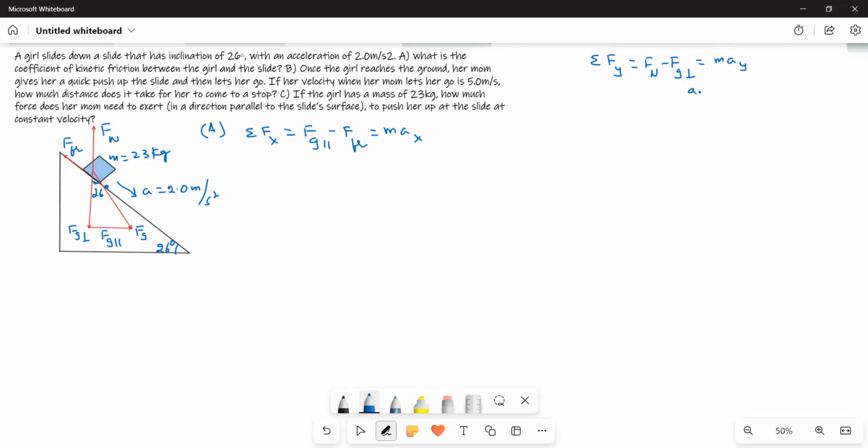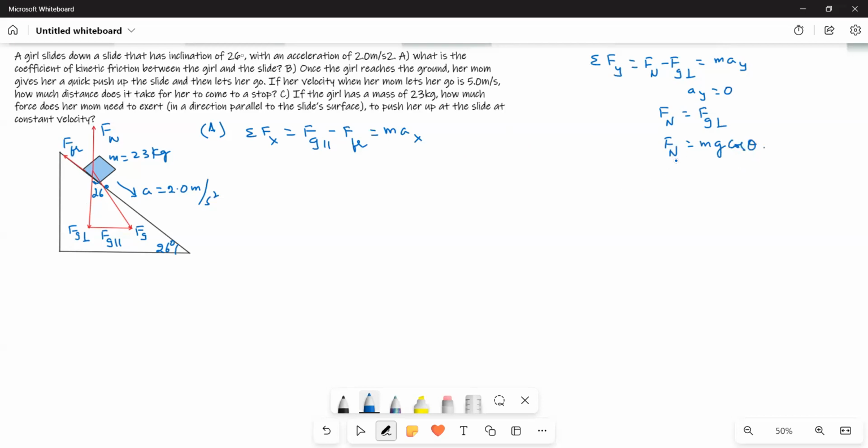But ay is equal to 0 since there is no motion along the y direction. Therefore, Fn is equal to Fg perpendicular. Fg perpendicular is the adjacent side to the angle, therefore this is the cos. Therefore, Fn is equal to mg cos theta.